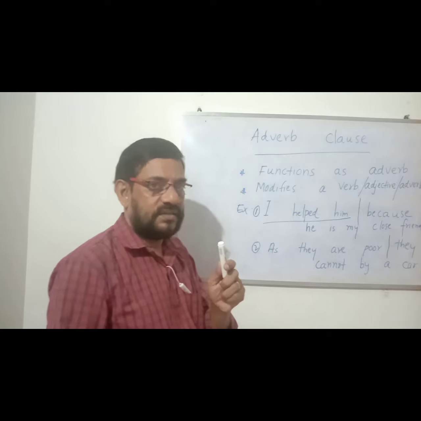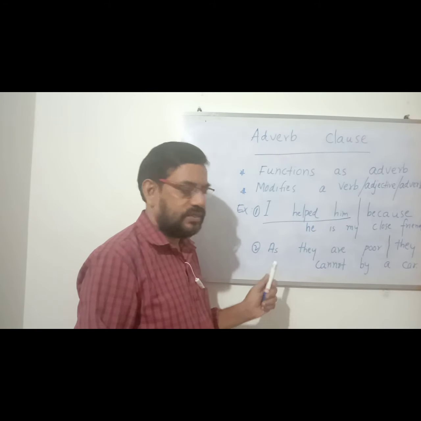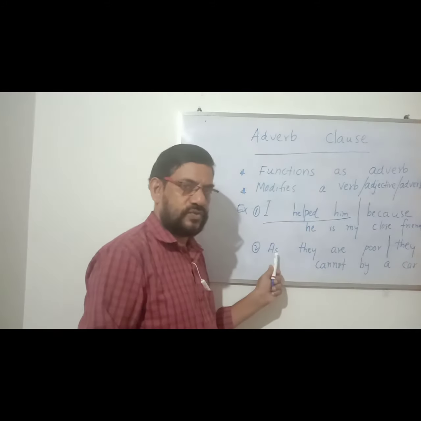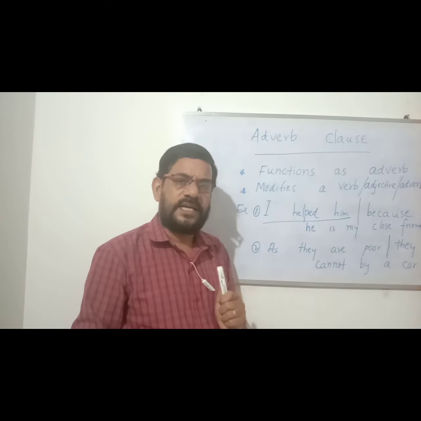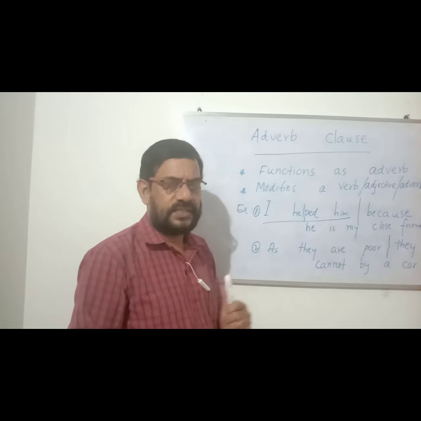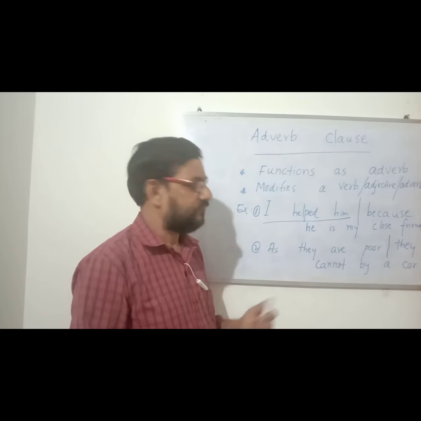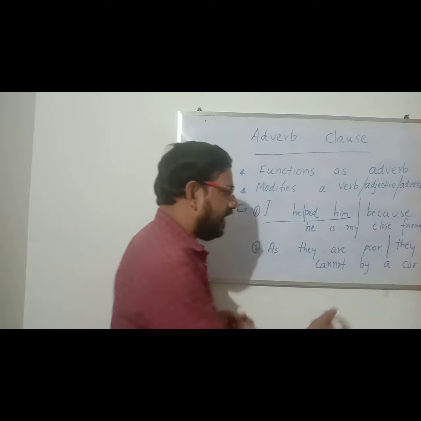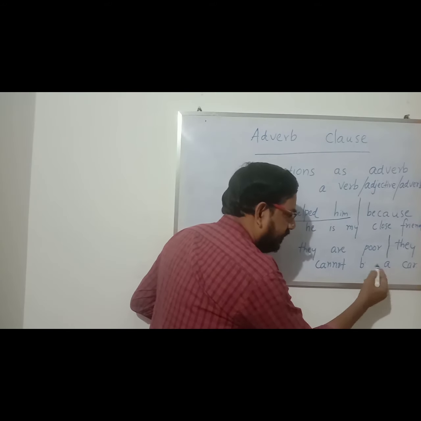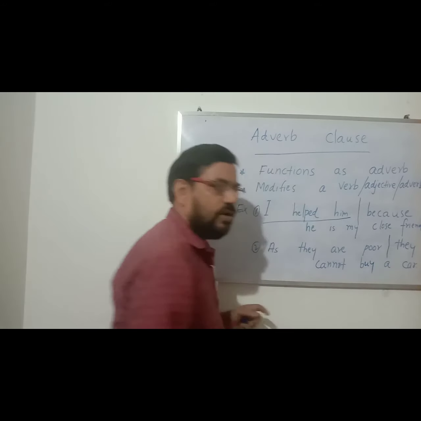So we check the subordinate clause now. Here, the first clause is a subordinate clause: "as they are poor." What is the meaning of that? And why is that clause used? What is the function of that clause? As they are poor, they cannot buy a car.